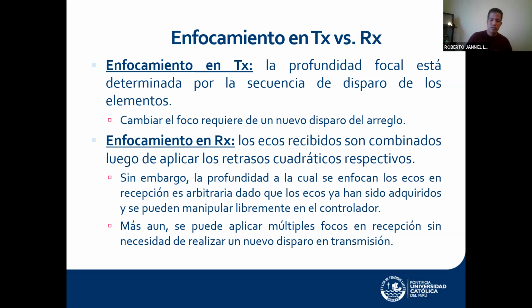So beamforming on reception, I can do arbitrarily. With the same signals that I receive, I can, for example, focus at an arbitrary, infinite number of focal depths. But in transmit, it's not the case.